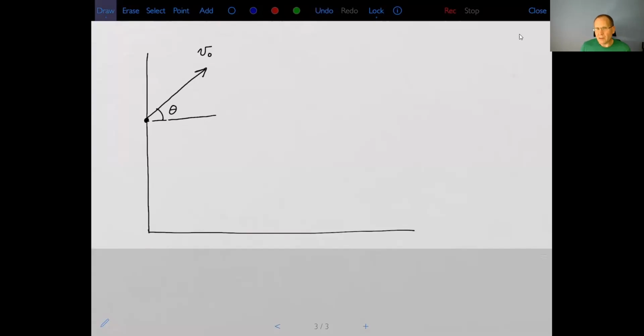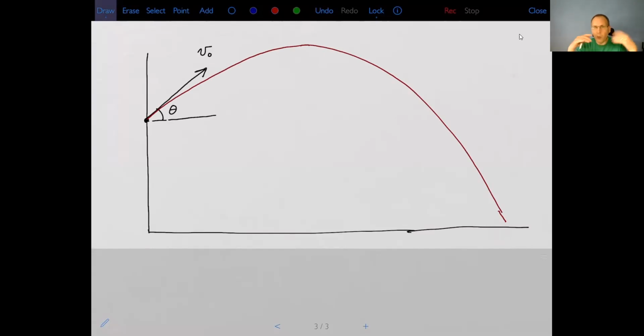So that's its launch velocity and its launch angle, right? It would be theta. And what's going to happen? Well, we know that the path is going to look something like this, right? It'll rise to a peak and then come back down like that, right? Hit the ground over here somewhere. Extend the ground a little bit.